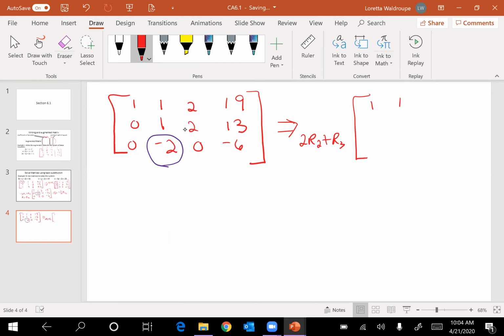So 1, 1, 2, 19, 0, 1, 2, 13, and 0 times 2 is 0 plus 0 is 0. 2 times 1 is 2 minus 2 is 0. 2 times 2 is 4 plus 0 is 4. 2 times 13 is 26 minus 6 is 20. So now I'm ready to go to the third column.